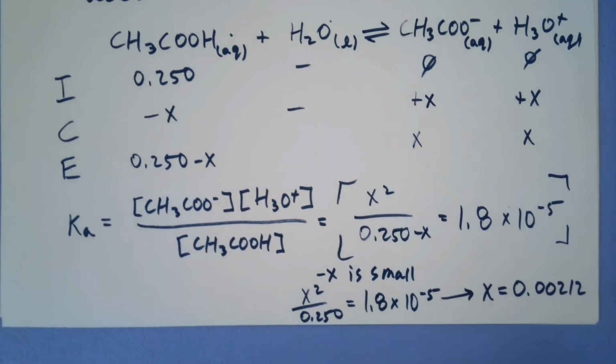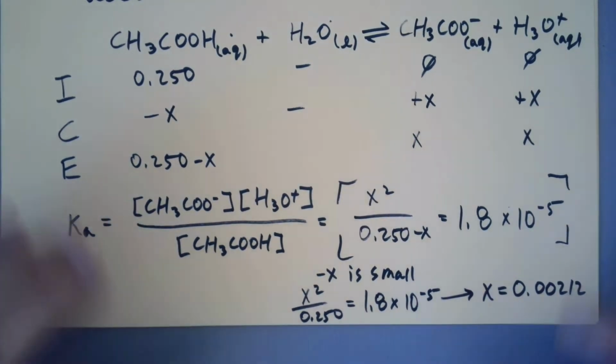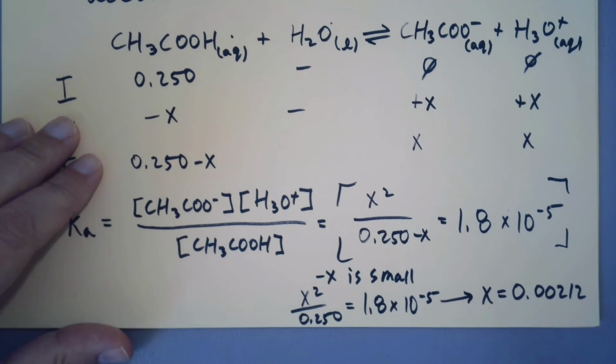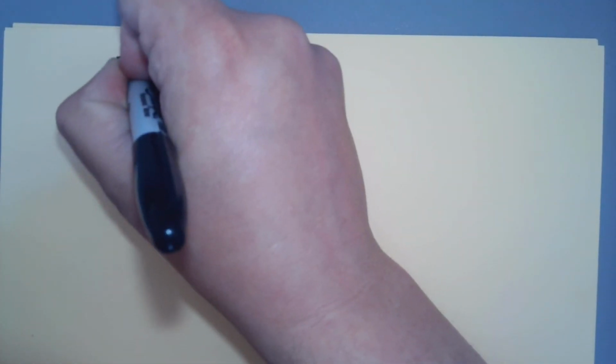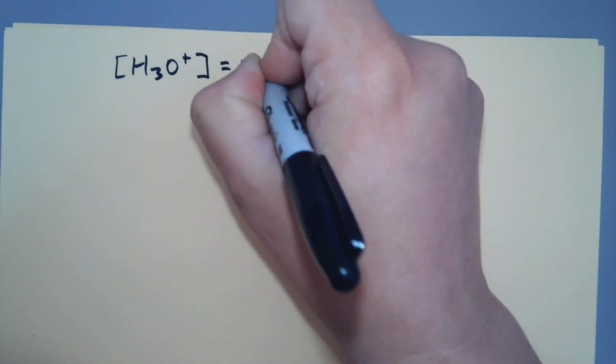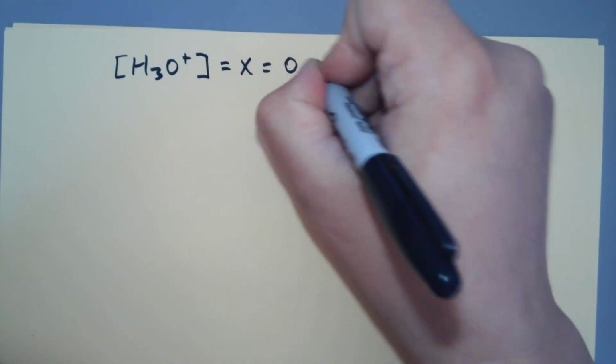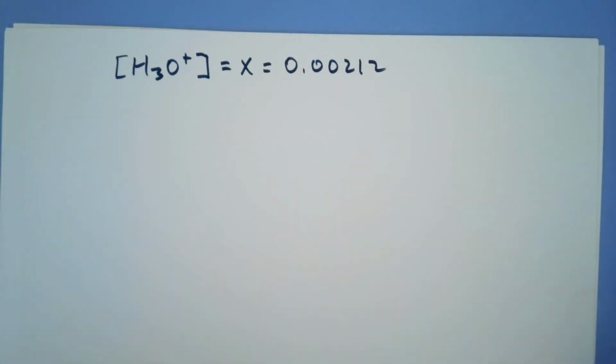Alright, so now what do I do? Alright, so need some more space here. That means that my concentration of H3O plus, that's equal to x, which is the following.